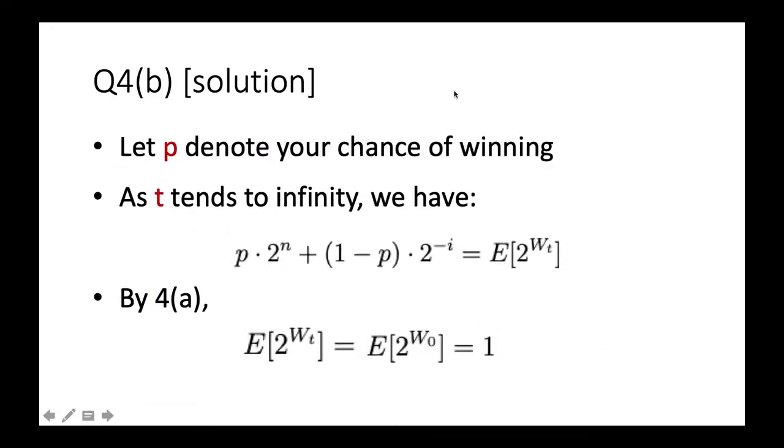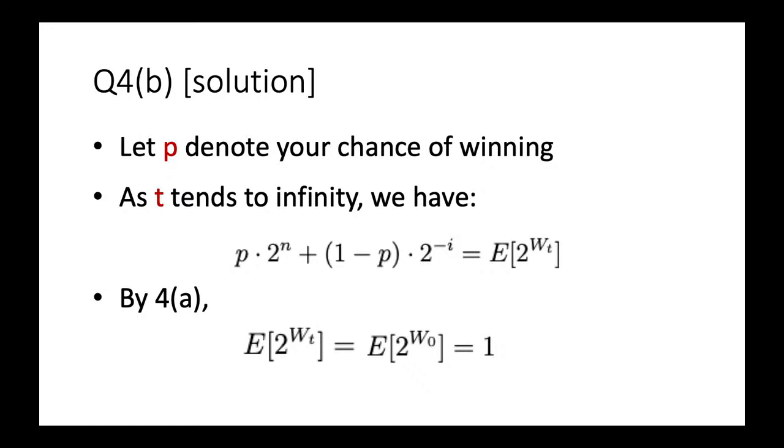So let's see. We let P denote the chance of winning. And then again, as in our analysis in the lecture slides, we assume that T tends to infinity. So we are going to play many rounds. When T tends to infinity, one of the players will go bankrupt.